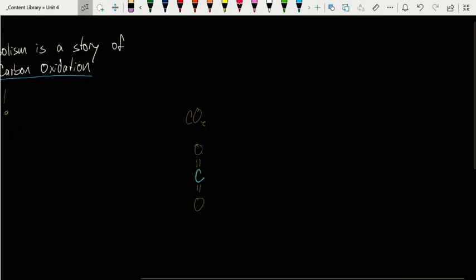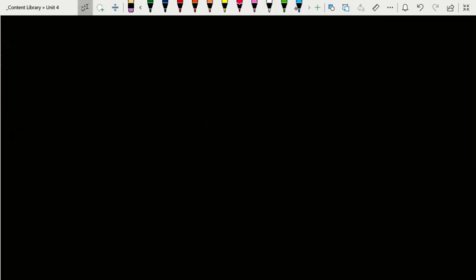Now let's define oxidation and reduction. The easiest and simplest way to remember this is the mnemonic OIL RIG. Not that oxidation and reduction reactions have anything to do with oil or boats, but this helps us remember what this stands for and helps us make sure we don't get confused.